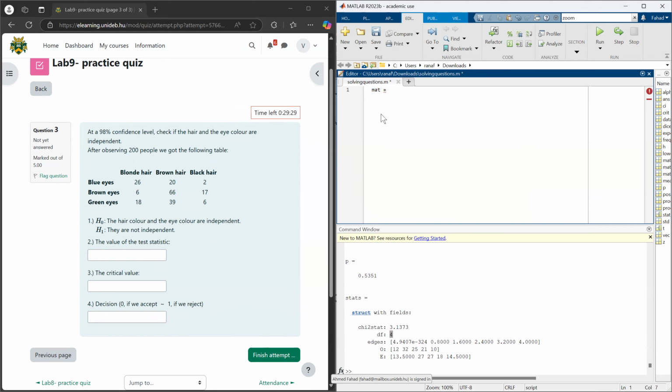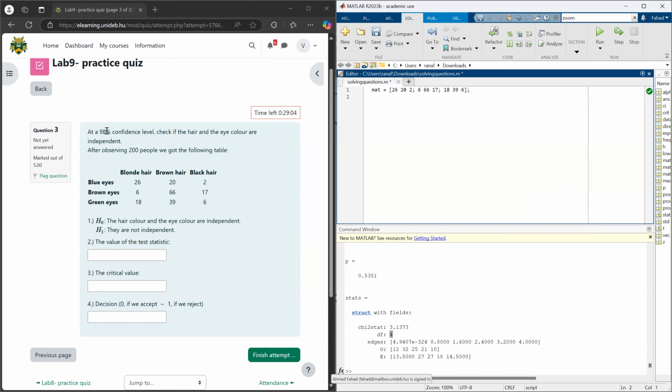So you create a matrix that goes, okay, the first row is 26, 26, 22, semicolon, 6, 66, 17, semicolon, 18, 39, 6. So this is the matrix.